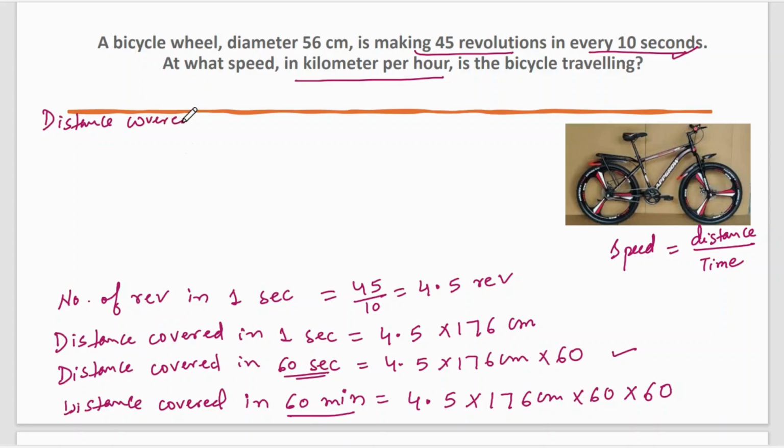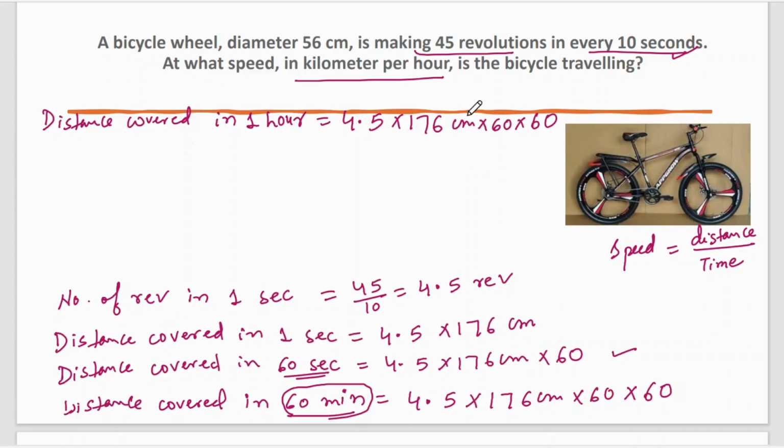This 60 minutes is equal to 1 hour. So what is the total distance? 4.5 into 176 centimeter into 60 into 60. So this was the distance they have covered in 1 hour.